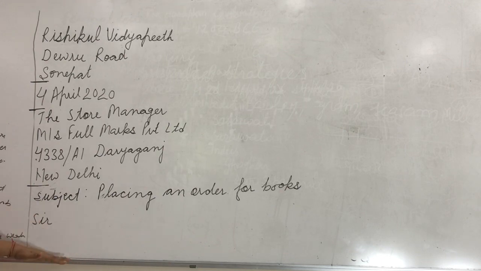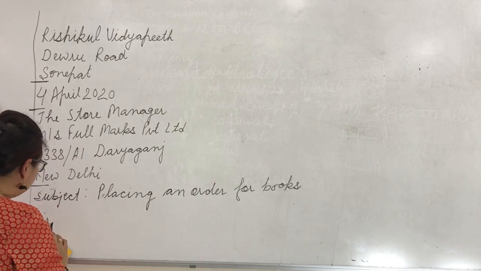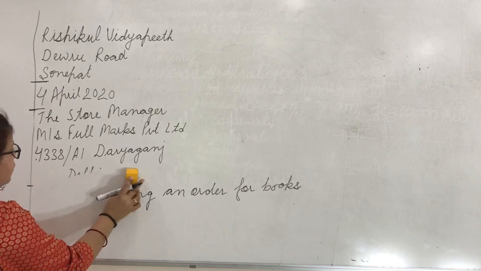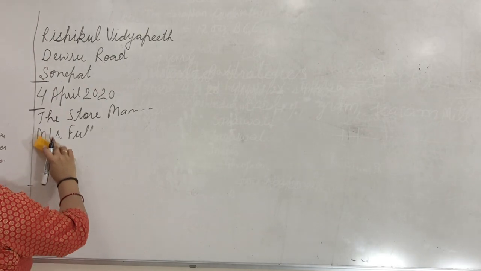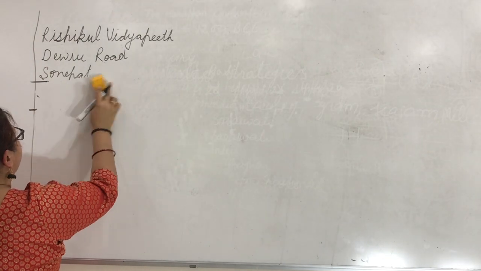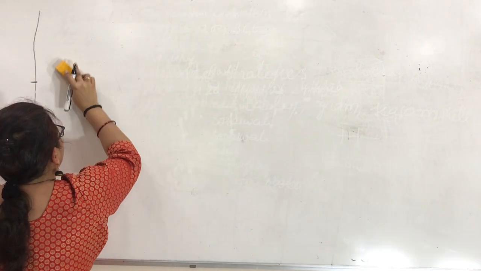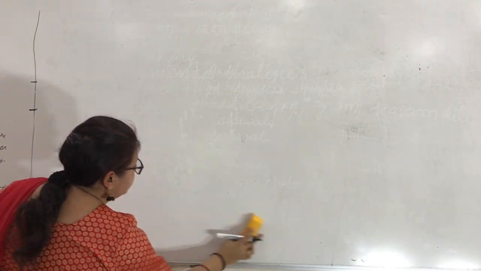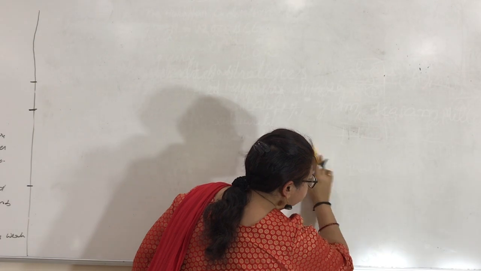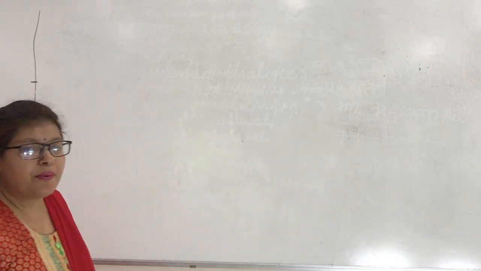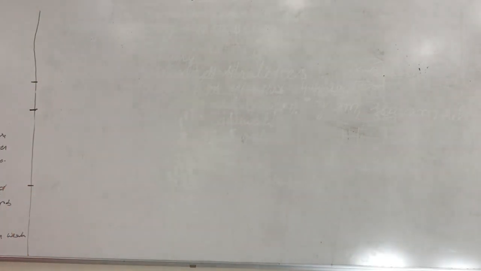I have done the subject, placing an order for books, then I have done Sir. Now I'll be writing my first paragraph, in which I'm introducing why I'm writing this letter.